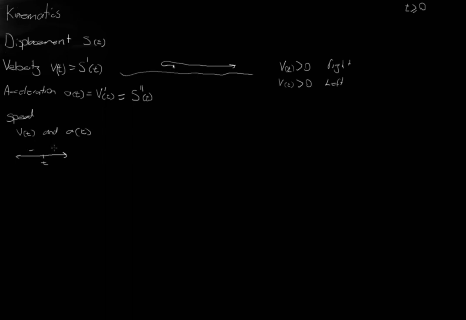If they're both negative or both positive, then the speed is going to be increasing. If we've got them where one is negative and the other is positive, then speed is going to be decreasing.